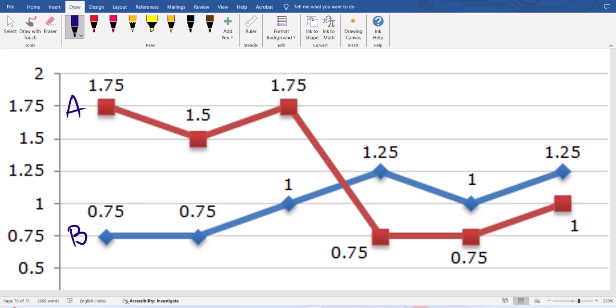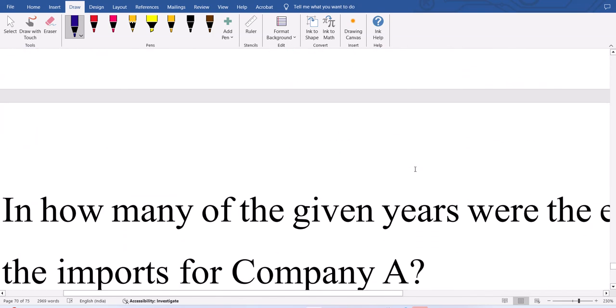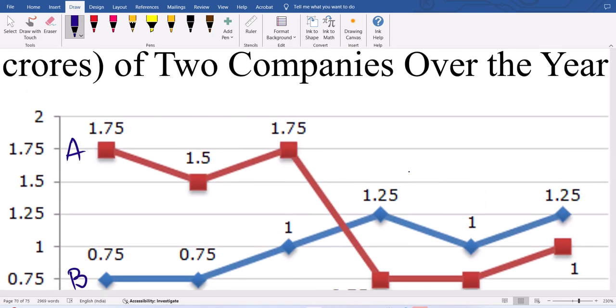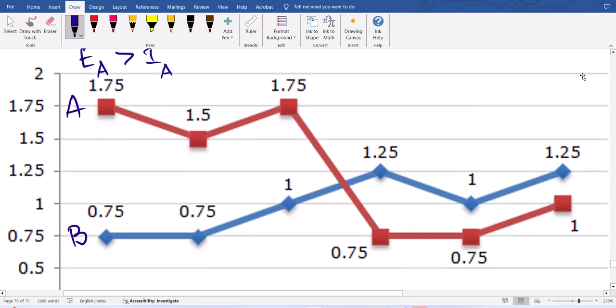Now question is very simple, guys. In how many years for company A is export more than import? For company A, export of company A more than import of company A. How many years is it? What's your answer?